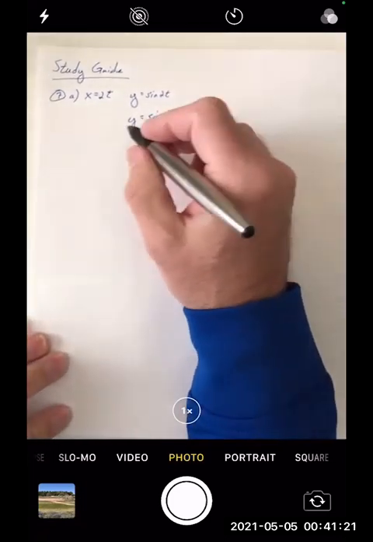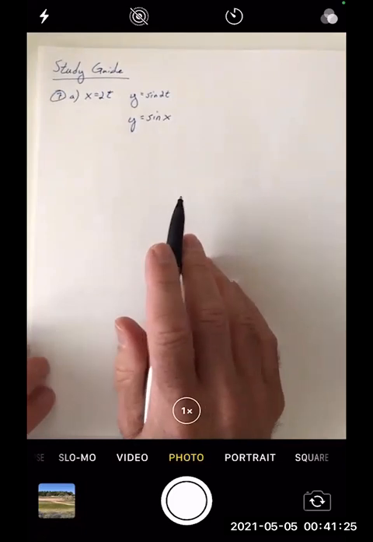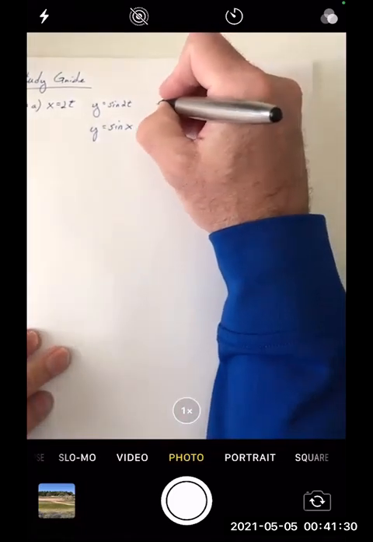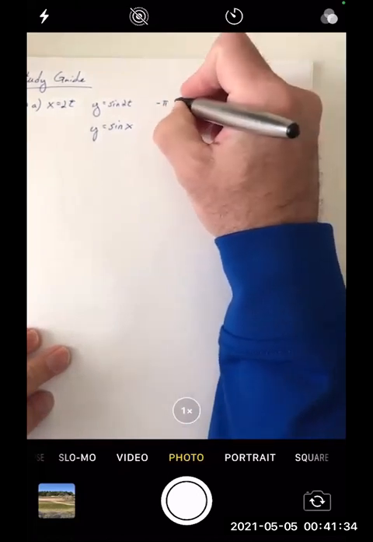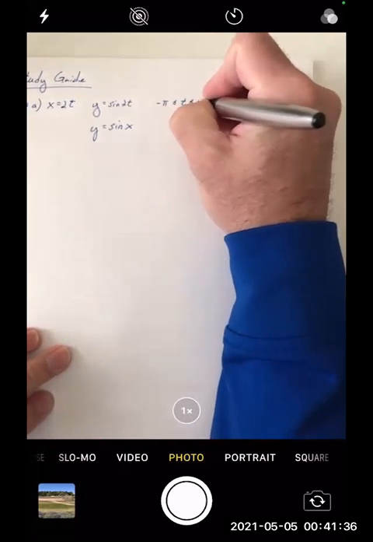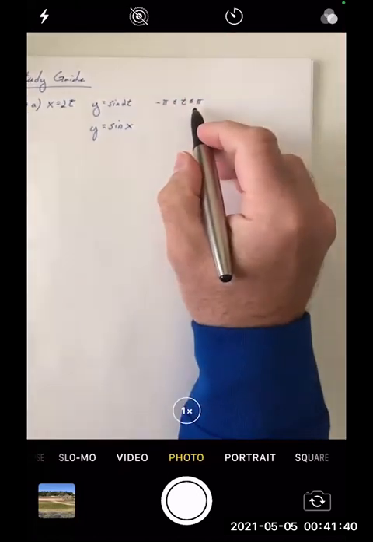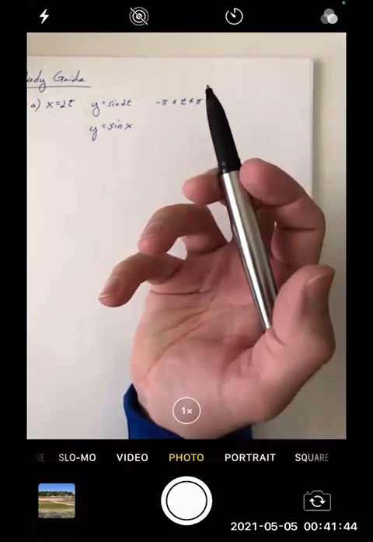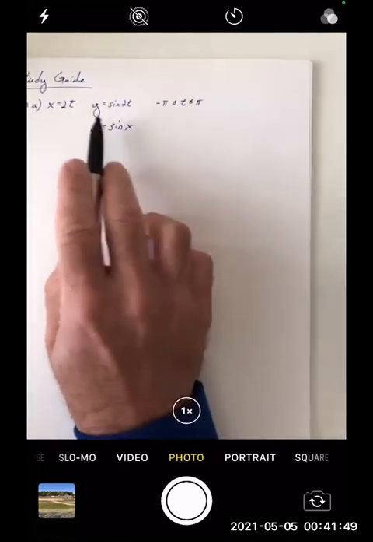All right, so sine of x, we know what it looks like, so we can graph it. But there is a restriction on the t values. t is going between negative pi less than or equal to t, which is less than or equal to pi. So we need to figure out how that's going to restrict, if it does, the x's and also the y's.